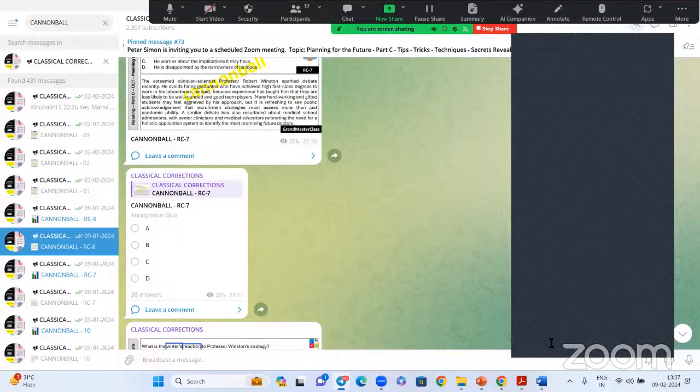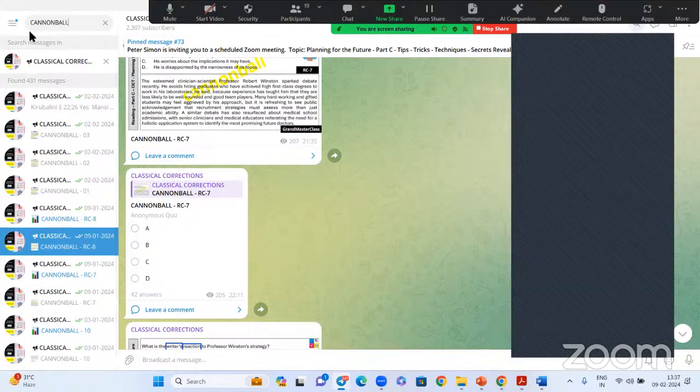So part B is termed boomerang. B stands for boomerang. Part C stands for cannonball. If you just type these words, you will get all the links related to it together.